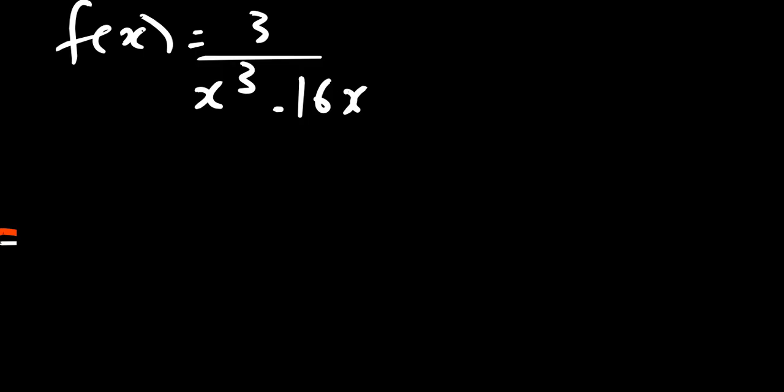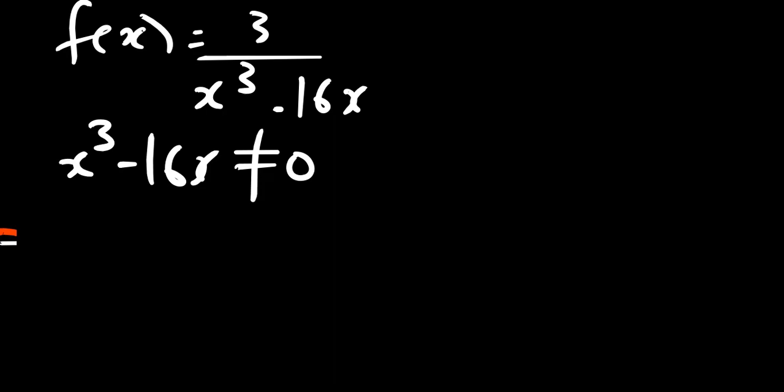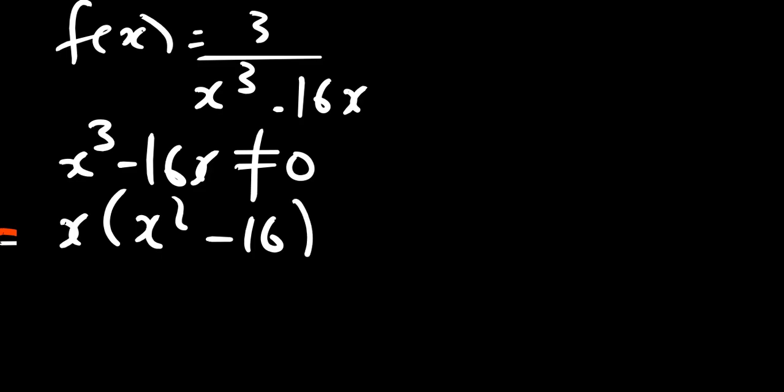So we'll say x cubed minus 16x should not be equal to 0. So what are we going to do? Let's factorize. So we'll say x times x squared minus 16 should not be equal to 0, like that.